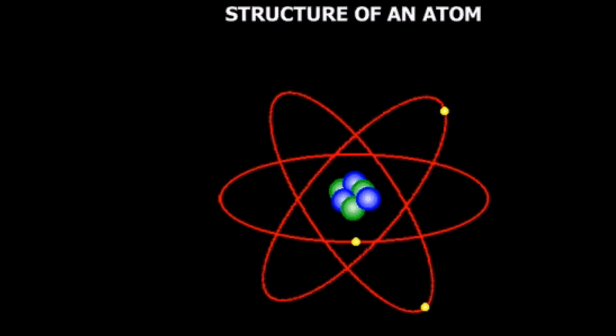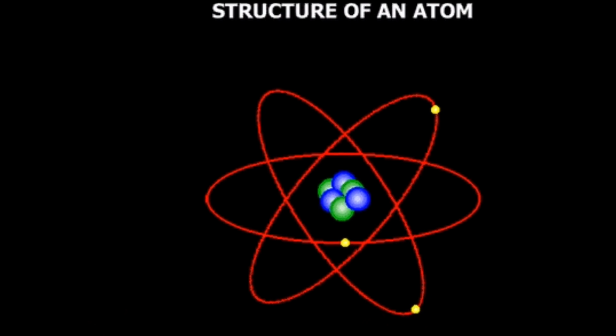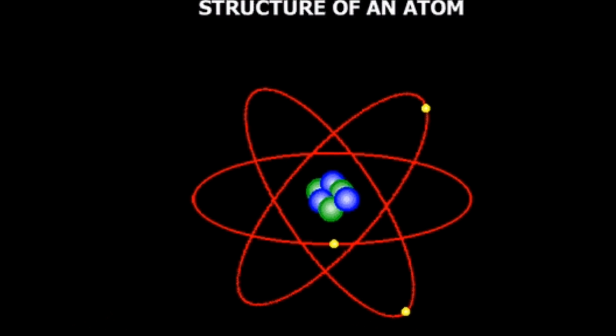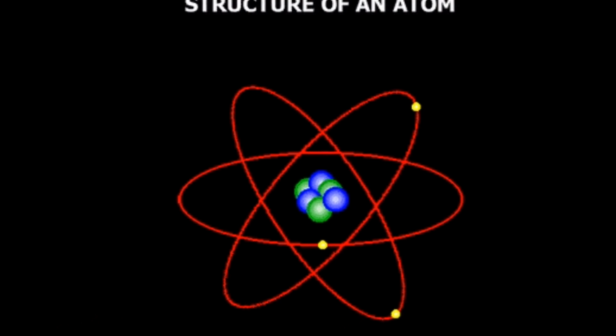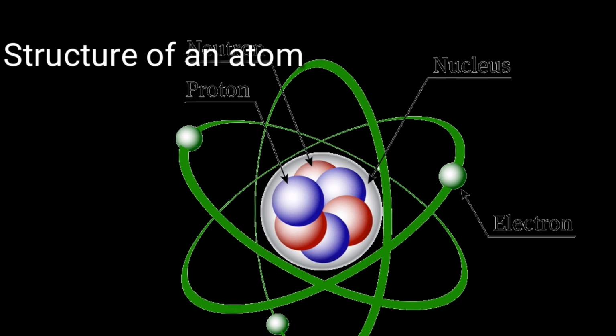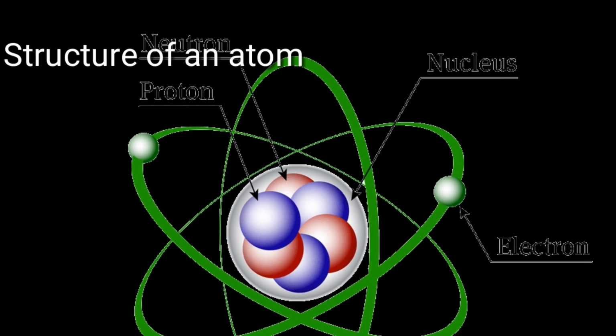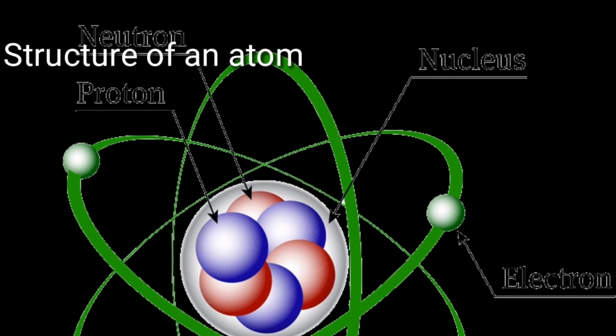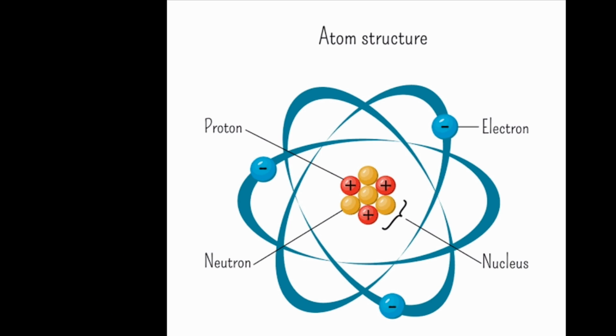Now we know that an atom is the smallest unit of matter that retains all the chemical properties of an element, and we have already read that an atom consists of three basic particles: electron, proton and neutron.